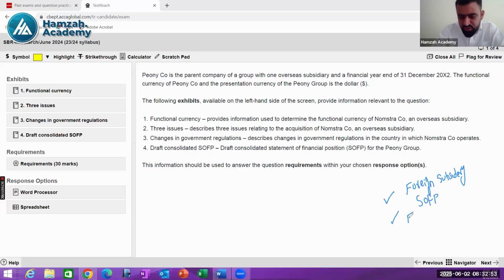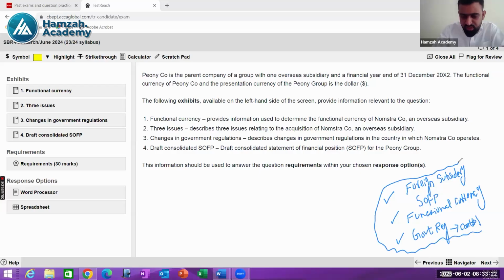We will also cover the concept of functional currency and the impact of change in government regulations over the control of the subsidiary. So these things we will be covering in this question.